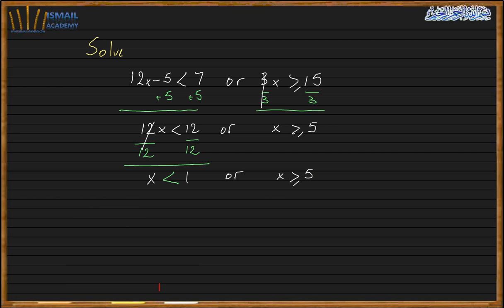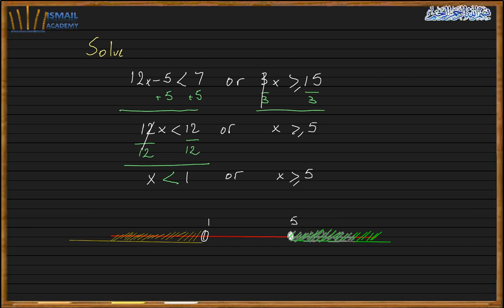So in my number line, I put 1 with an open circle, 5 with a full circle. x is less than 1, so the left side, and we have x greater than 5, which is the right side, and I shade this bar. So this is the solution for this type of inequality.